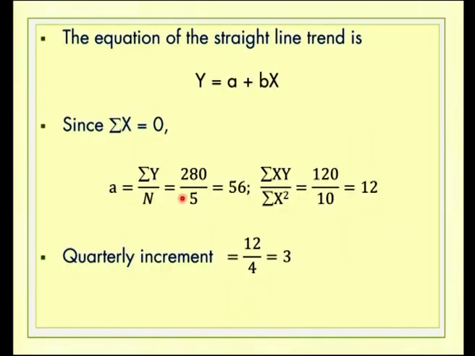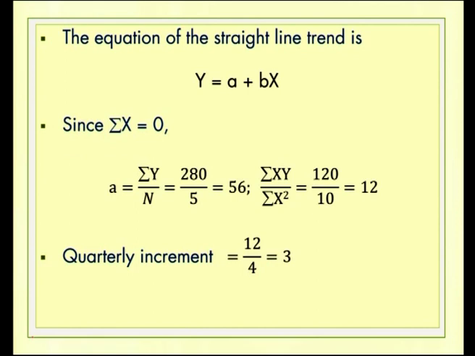This is the direct formula when summation x is equal to 0. Then summation xy by summation x square is 120 by 10, which is equal to 12. This b value of 12 represents the annual increment from 2006 to 2007. So, for the quarterly increment it has to be divided by 4. So, 12 by 4 is equal to 3.